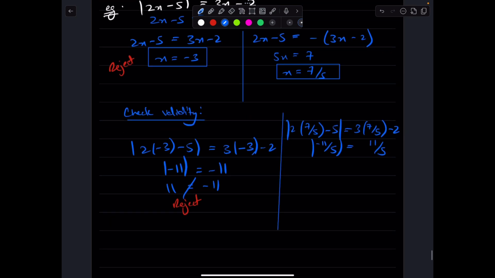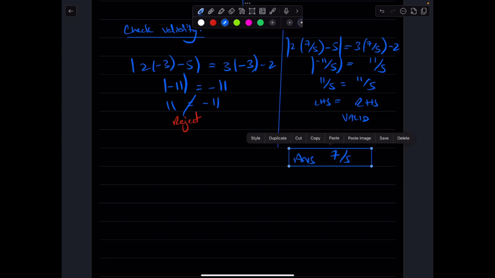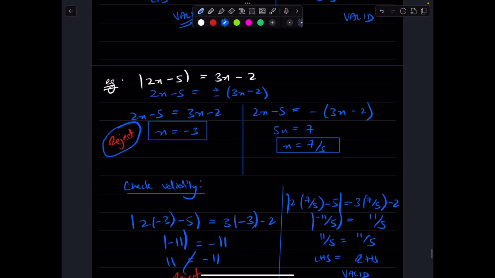So since this is inside the modulus, this will turn out to be positive. Thus, the left hand side equals the right hand side, and this is valid. So when you leave your final answer, remember to only leave 7 over 5 and not the first. And always remember to write rejected.